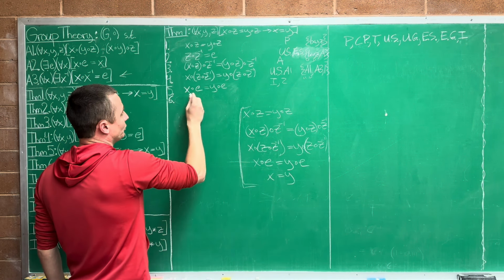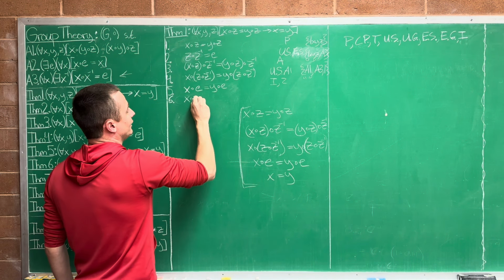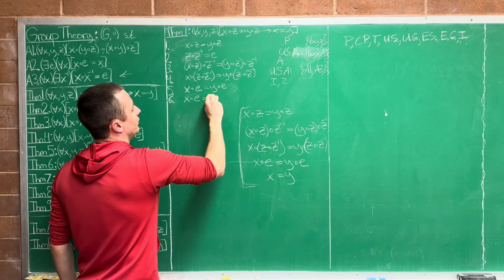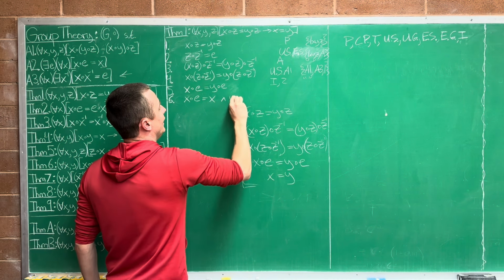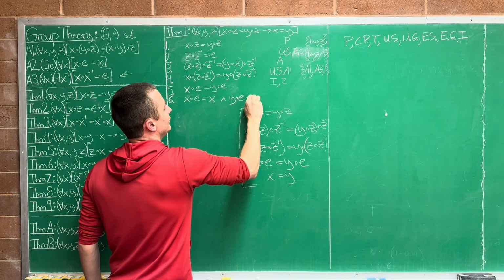I can write, this is where it's kind of annoying right now to write all the steps. X circle e is equal to x, I'm going to do it twice, and y circle e is equal to y.